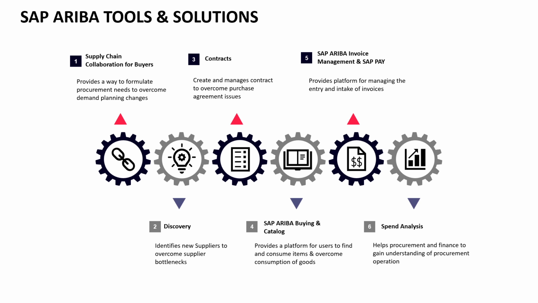It allows to create and manage contracts to overcome purchase agreement issues. Okay. Then fourth is SAP Ariba buying and catalog management. Okay. In this it provides a platform for users to find and consume items and overcome consumption of goods.